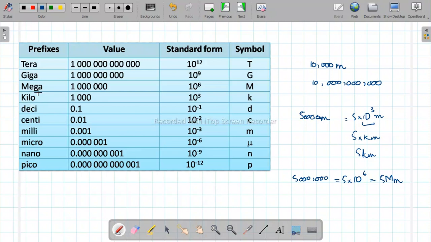We have kilo, mega, giga, tera. इसके अलावा we have peta, exa, and so on, but these are the frequently used ones. Then we have deci, centi, milli, micro, nano, pico, femto, etto, and again many more.